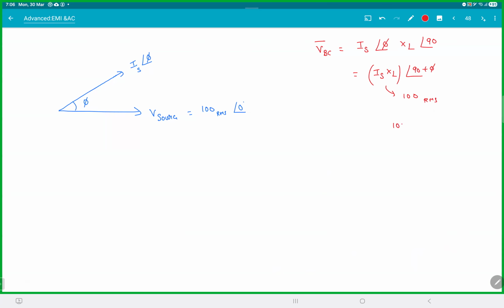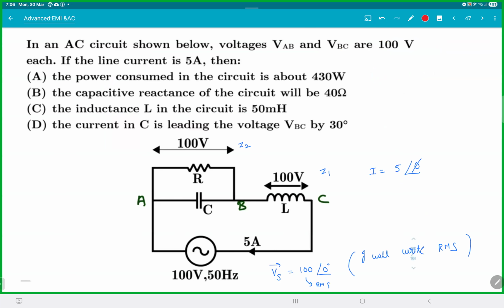So you got one step there. So I RMS is 5, XL is equal to 100. So I got XL is equal to 20 ohms, but XL is nothing but omega L. Omega is 2 pi F, F is 50, so L is equal to 1 by 5 pi. That much we can see doing that.